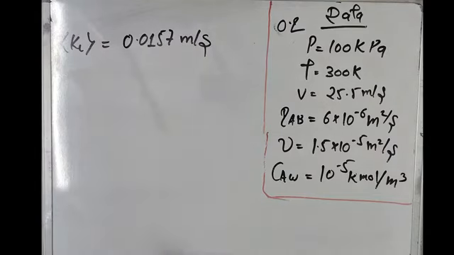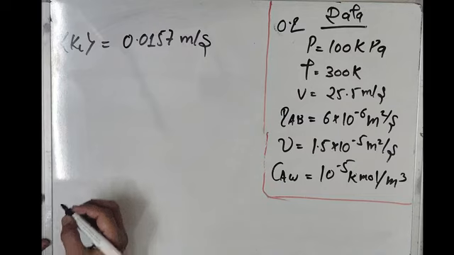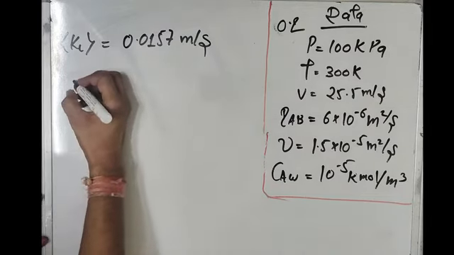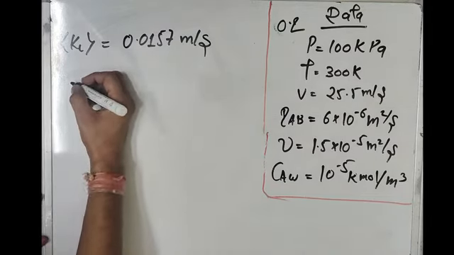Now in this question we have to calculate the rate of loss of naphthalene from the surface per unit width in gram mole per meter per hour. To calculate that, we have an equation of molar flow rate.